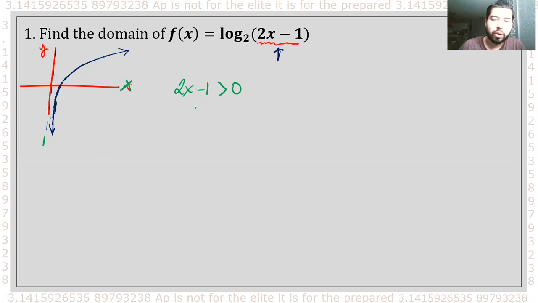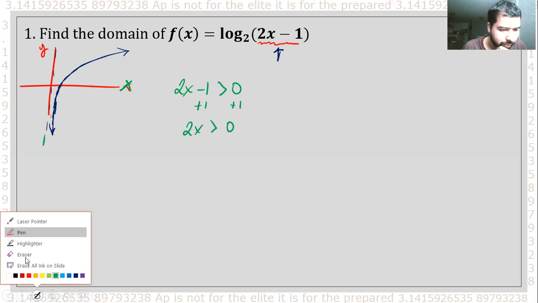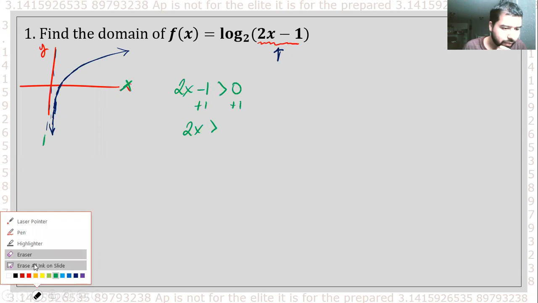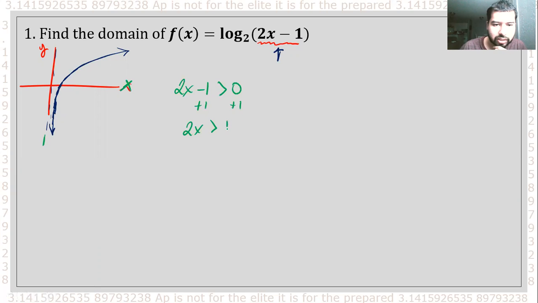So we solve this inequality: plus 1, 2x is greater than 1, whoops, not 0, greater than 1. Then we divide by 2, so x is greater than 1/2.